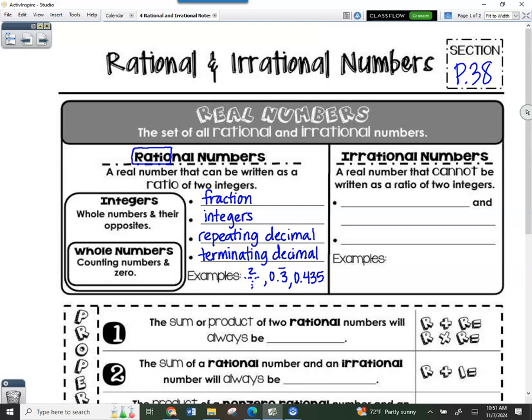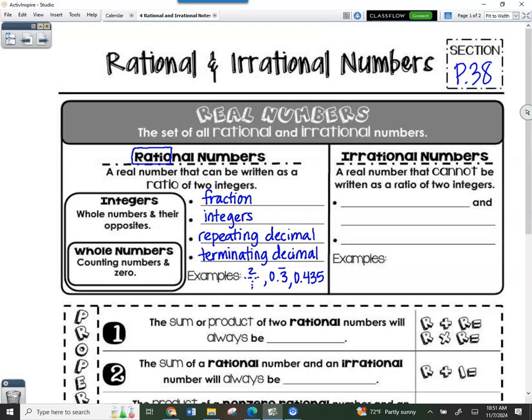Because it stops, then I can write it as a fraction. Now, technically, the way you would write it is you'd say 435 over, and then this is the thousandths place. You'd say over 1,000, and that's where you get the fraction.